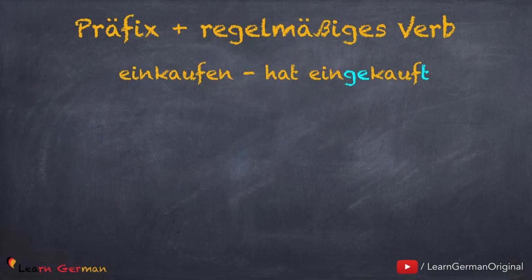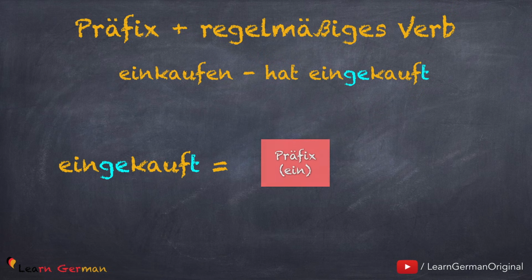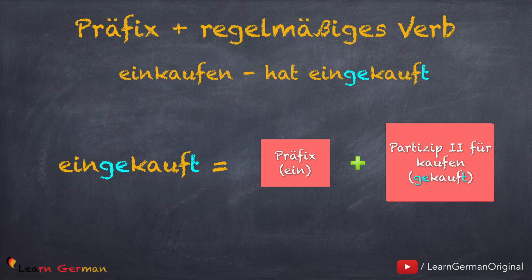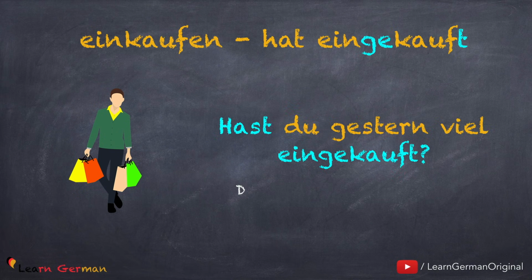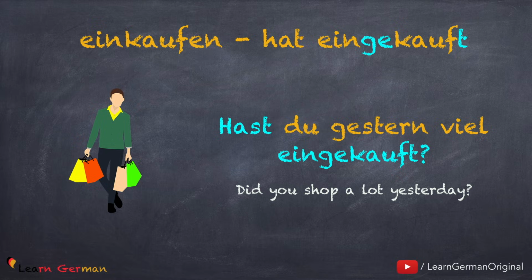Einkaufen, hat eingekauft. As we just discussed, the Partizip II takes the prefix ein plus Partizip II for kaufen, gekauft. And here's how you would use it. Hast du gestern viel eingekauft?